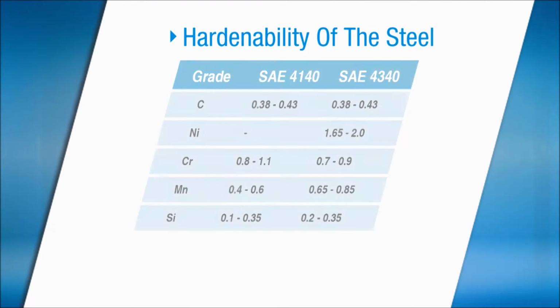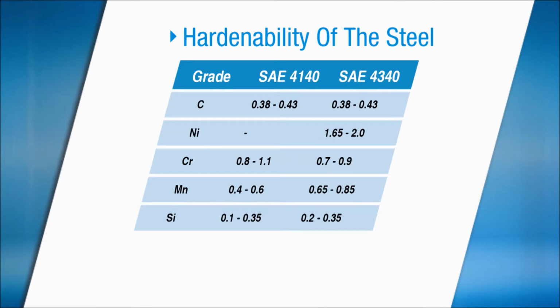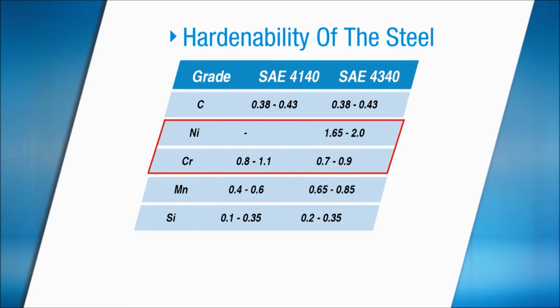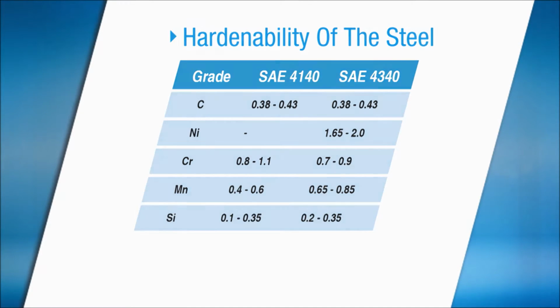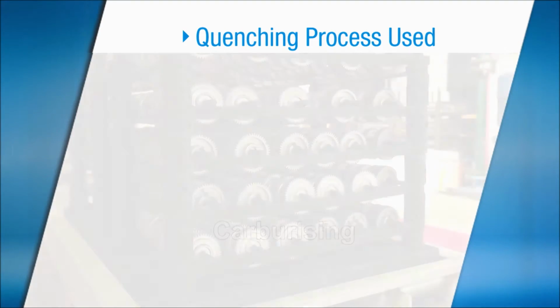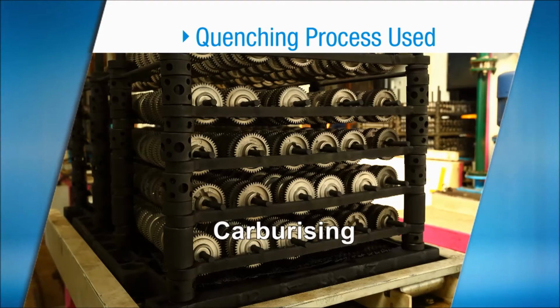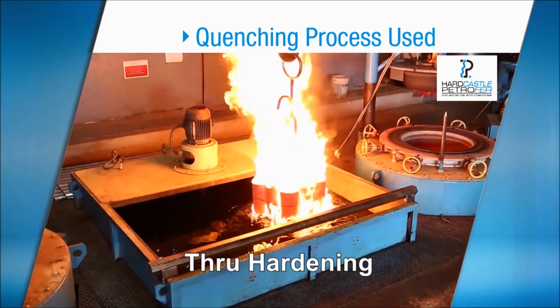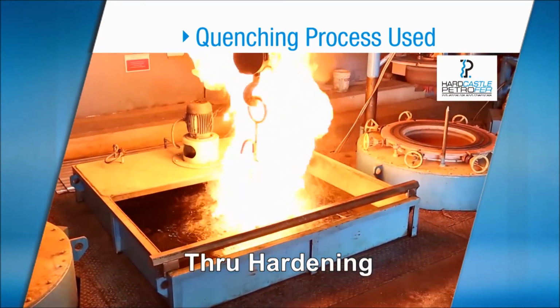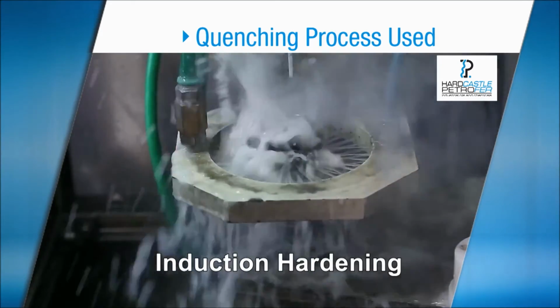Hardenability of the steel, which mainly depends on the chemistry or grade of steel, and percentage of alloying elements. Quenching process. The quenching process used, whether carburising, through hardening, or induction hardening.